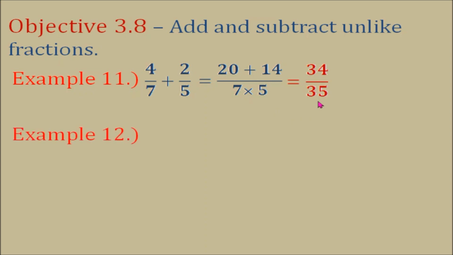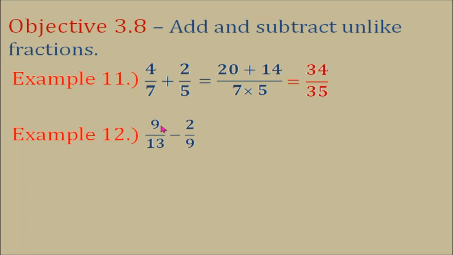Example number 12. 9 over 13 minus 2 over 9. Again, our denominators here are 13 and 9, and they don't have common factor.